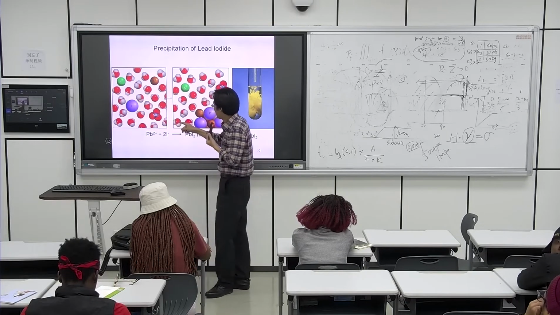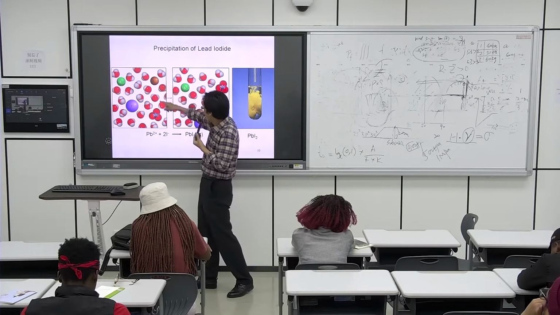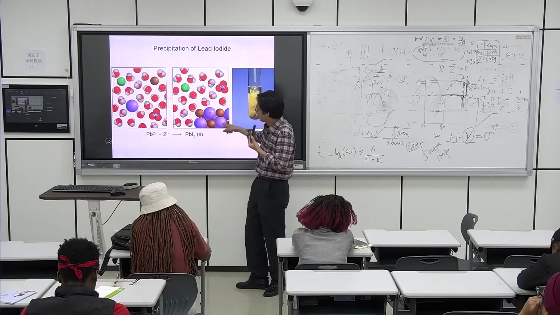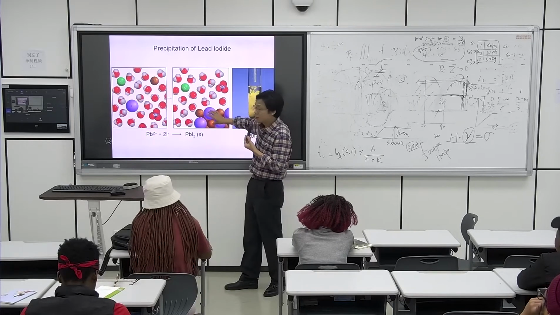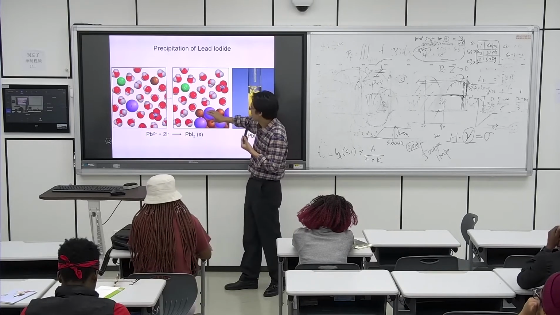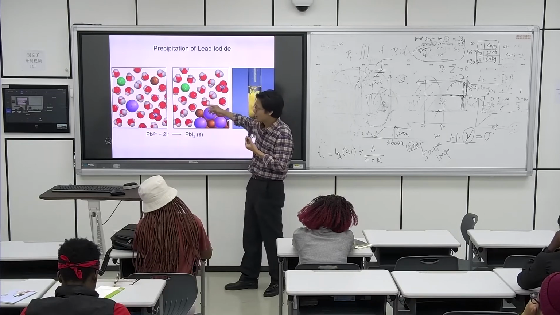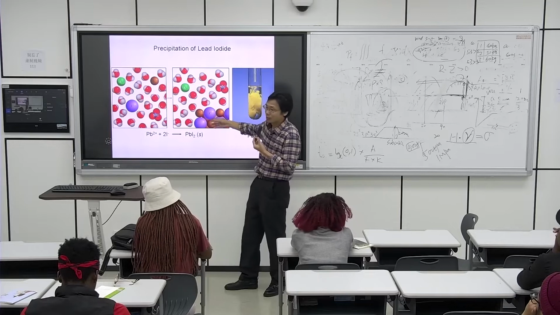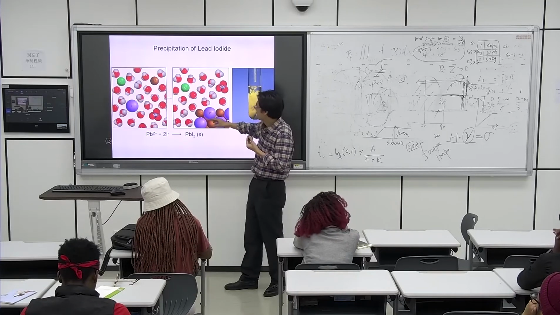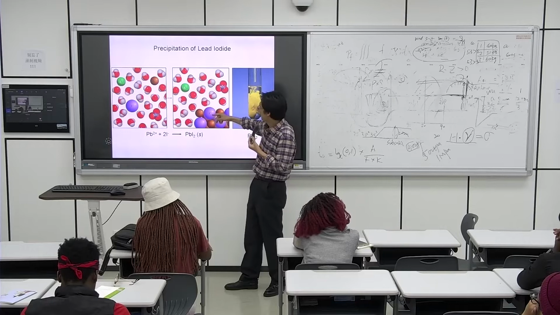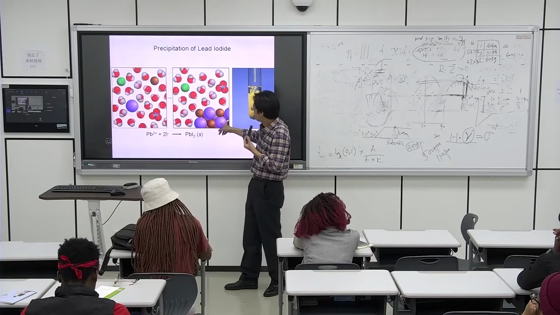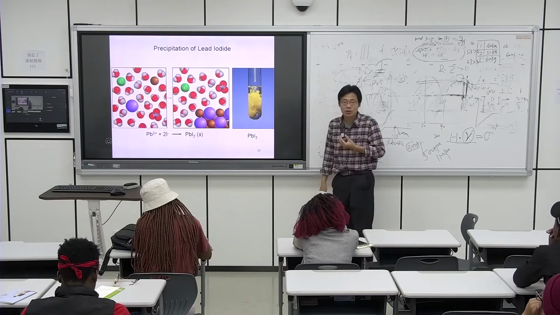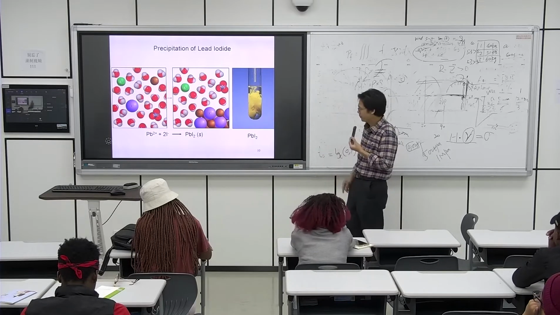And then they form the product, the solid. This is solid because it doesn't dissolve in water, or it's difficult for it to. Very little solid dissolves in water, so we form the solid. The solid looks like the red, yellow solid of the product.